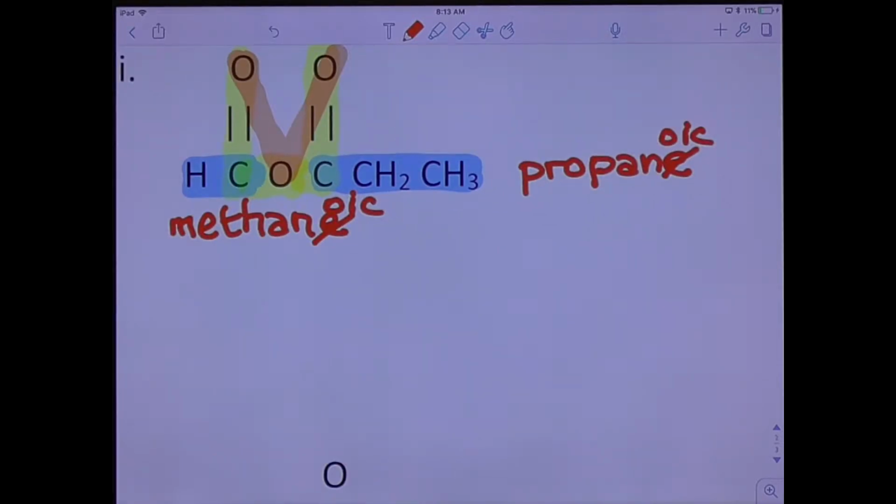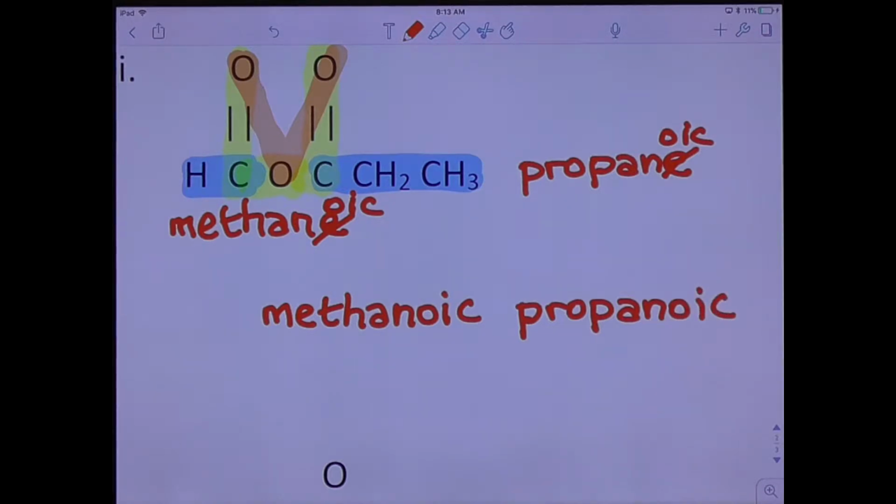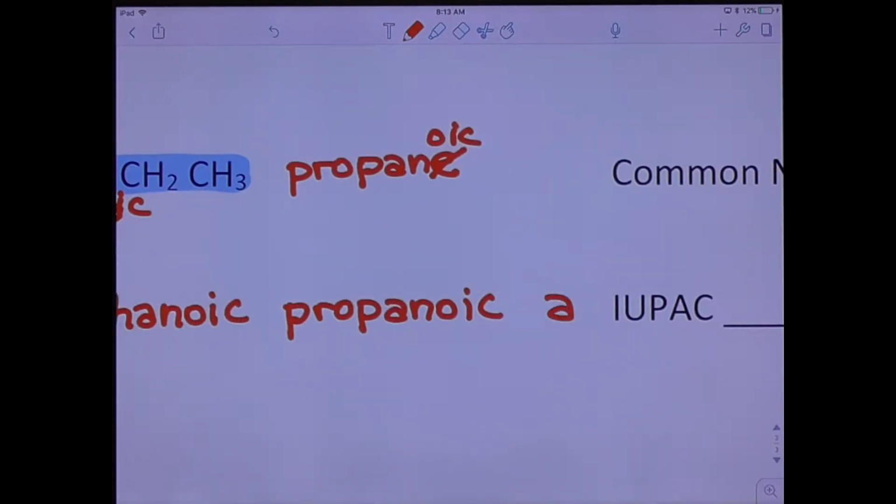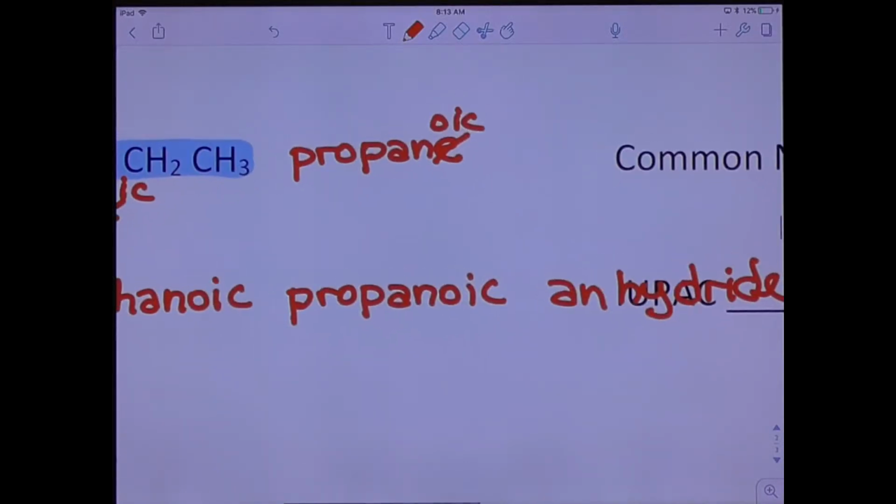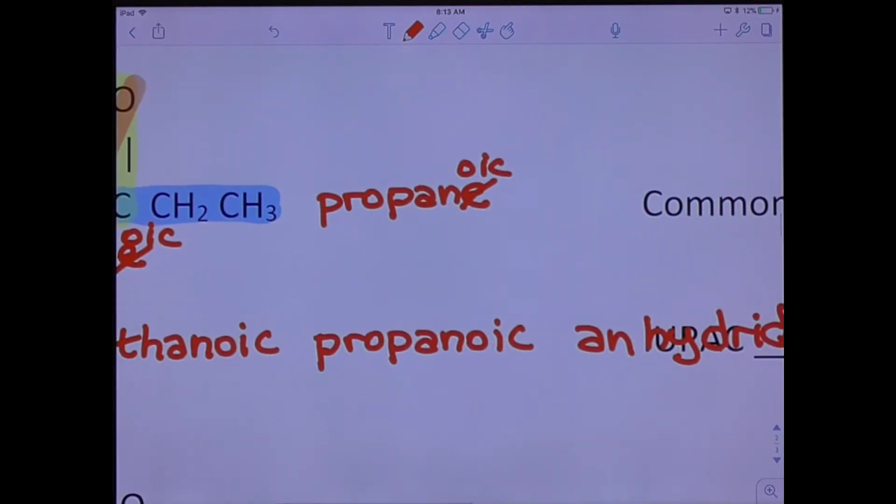You have methanoic and propanoic. Put them in alphabetical order. And then put anhydride. Ta-da! You're going to love those. Right? They're not too tricky.